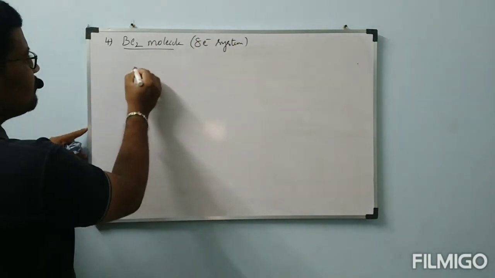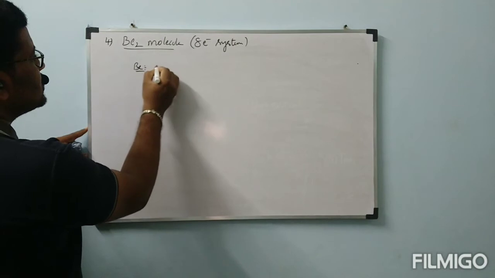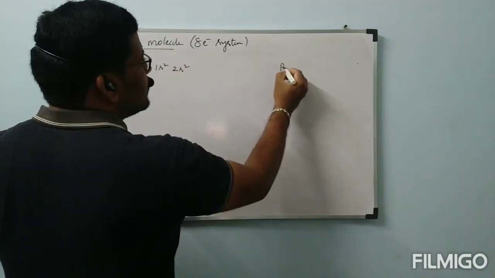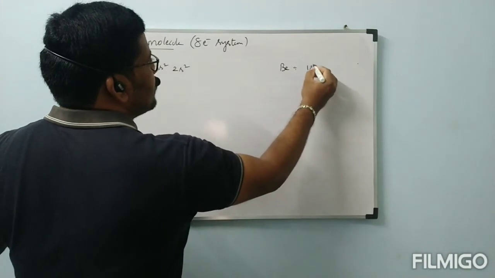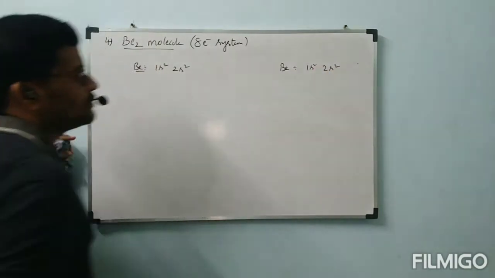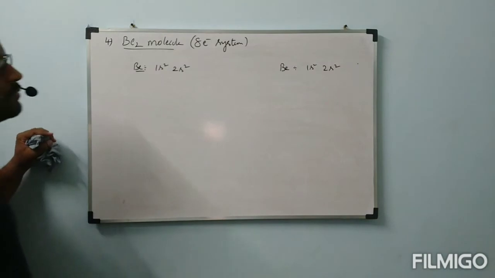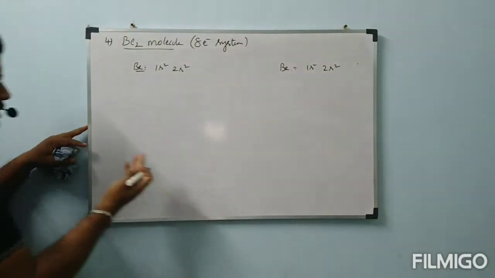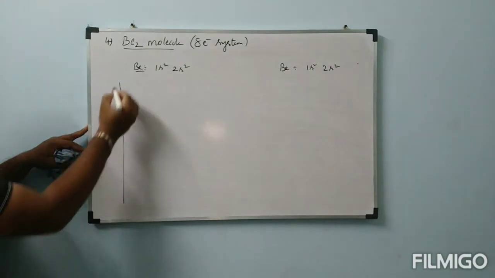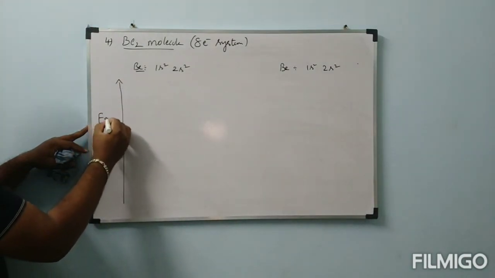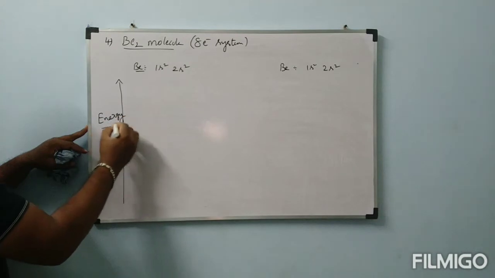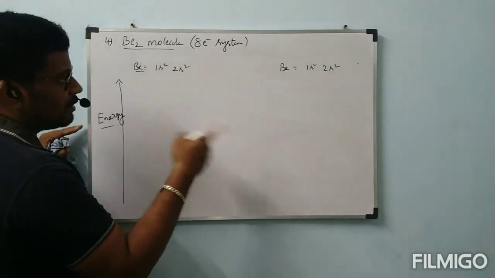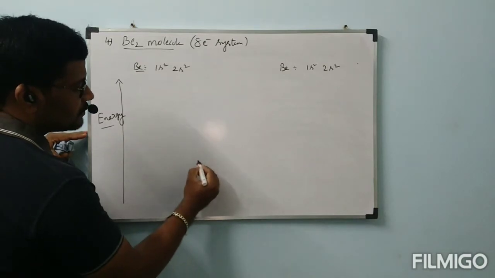The electronic configuration of a beryllium atom is 1s2, 2s2. Another beryllium atom is also 1s2, 2s2. Now we have to start with the first 1s and 1s, after that 2s and 2s. Here on the left side we have to show that the energy level increases like this. Now first start with 1s and 1s.